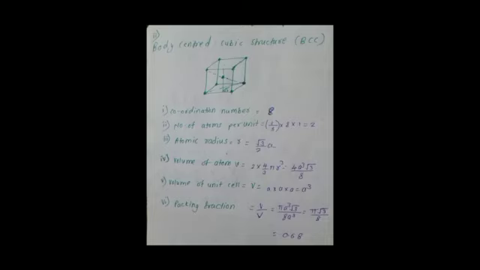Now, since a corner atom is shared among 8 cells which touch there and the central atom is totally owned by the unit cell, there are 1 upon 8 into 8 plus 1, equal to 2 atoms associated with this cell. The cell is therefore a non-primitive one. The structure is loosely packed since each atom has only 8 nearest neighbors, that is, the coordination number is 8.